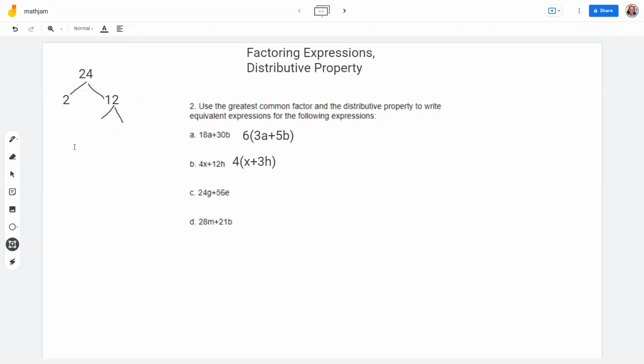So then we could say 2 times 6 to equal 12. And let's see, 2 is that prime number, but 6 is still not a prime number. All right, so let's go ahead and break that one down.